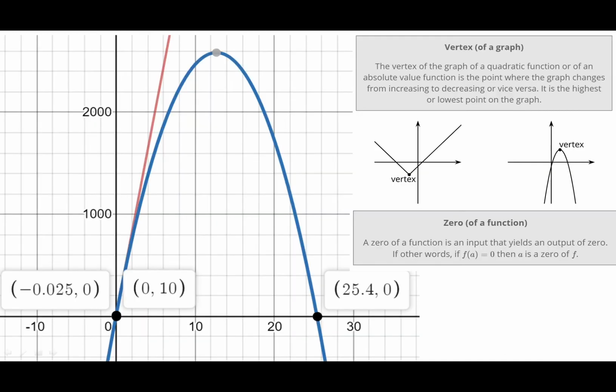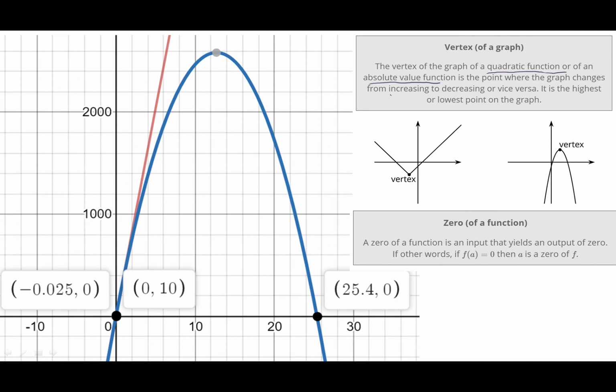Some important pieces of vocabulary that you need to know are vertex of a graph. The vertex of a graph of a quadratic function or absolute value function, something that we saw in a previous unit, is the point where the graph changes from increasing to decreasing or vice versa.